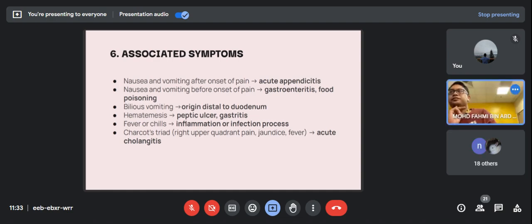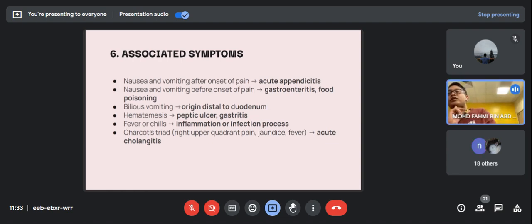Okay, so with the obstruction after the ampulla of Vater, then the vomiting will be bilious vomiting. It must be in small bowel lah.